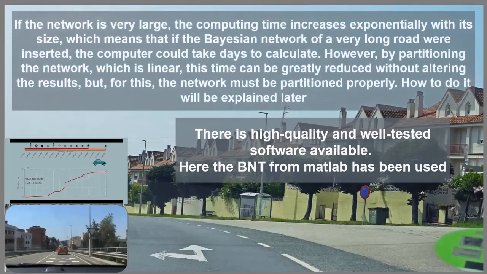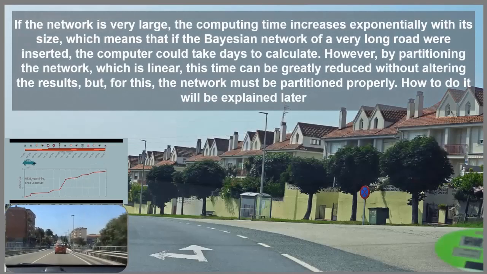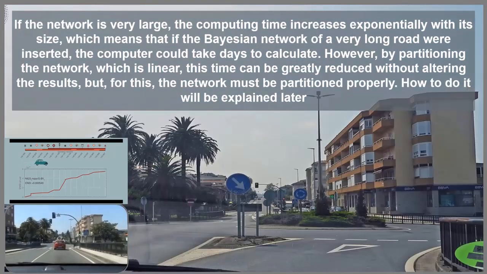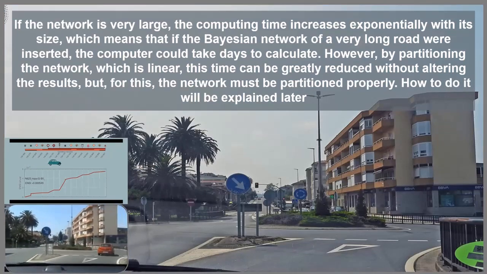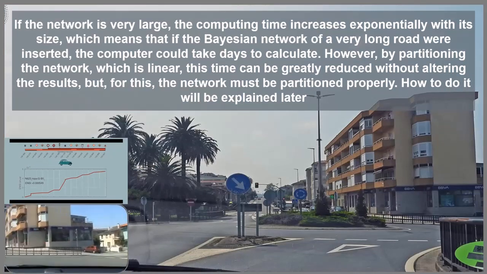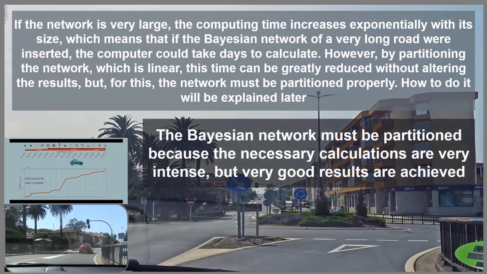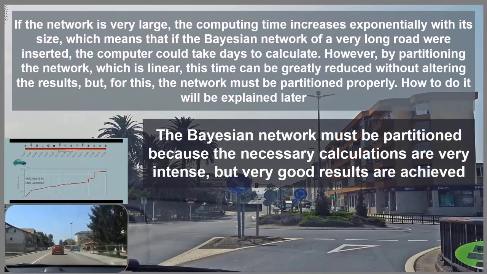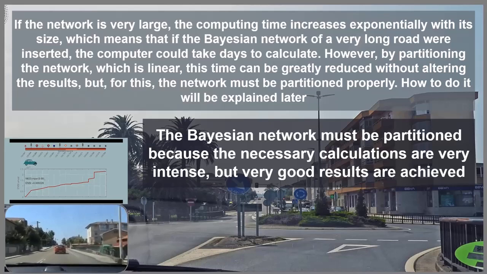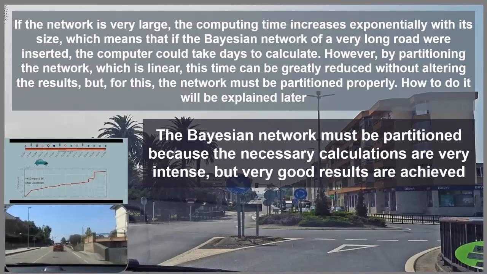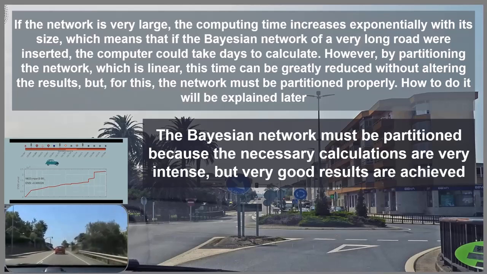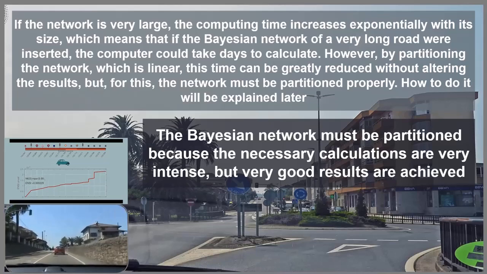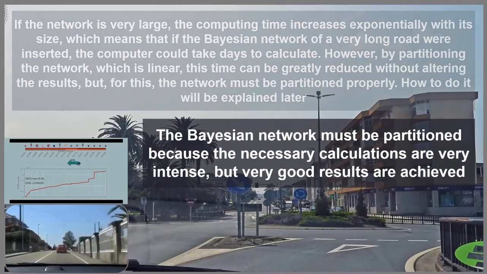If the network is very large, the computing time increases exponentially with its size. Which means that if the Bayesian network of a very long road were inserted, the computer could take days to calculate. However, by partitioning the network, which is linear, this time can be greatly reduced without altering the results, but, for this, the network must be partitioned properly.